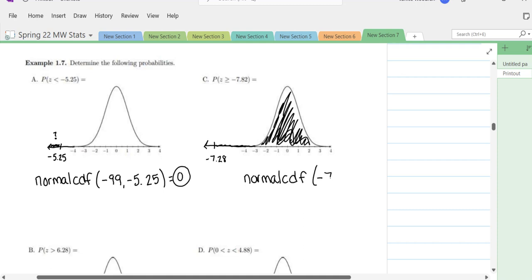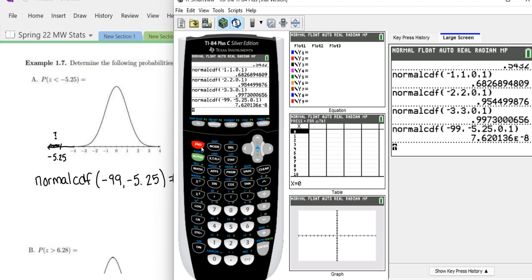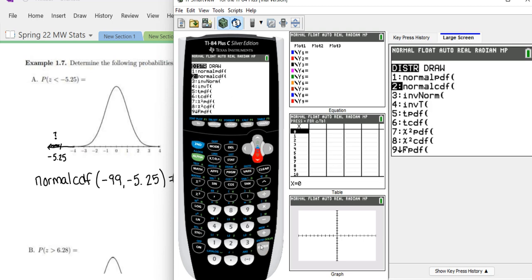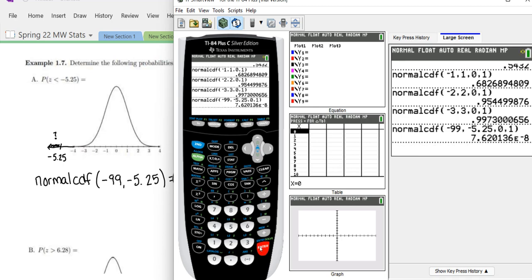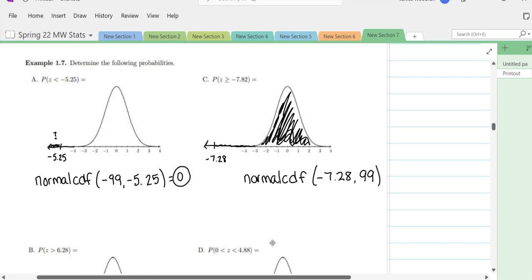We would have a lower limit of -7.28 and an upper limit of +99. And that should be close to 1. And we get 1 for that one.